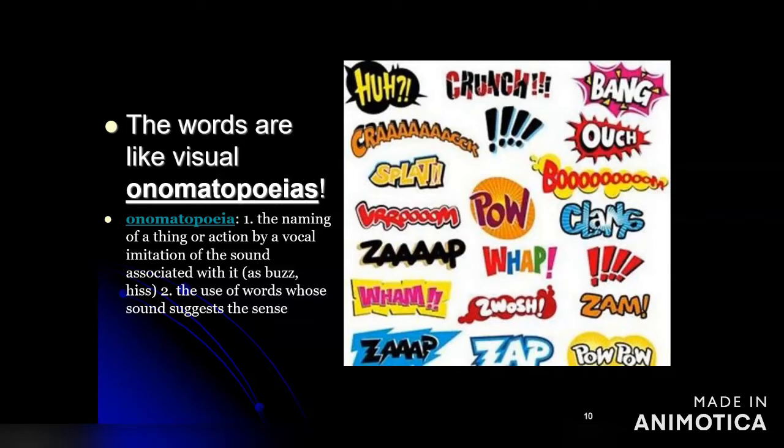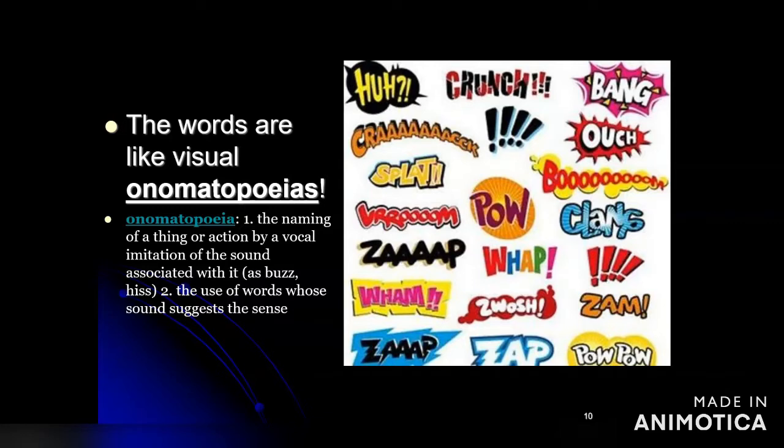It's called an onomatopoeia. Some of you might have already learned this in school, but an onomatopoeia is the naming of an action or sound that sounds like the word. Okay, so zoosh. It sounds like what is happening.